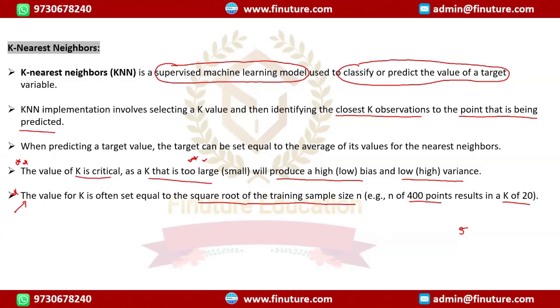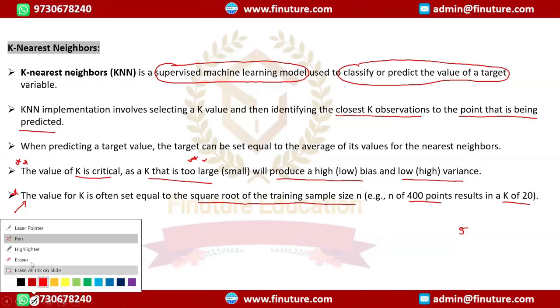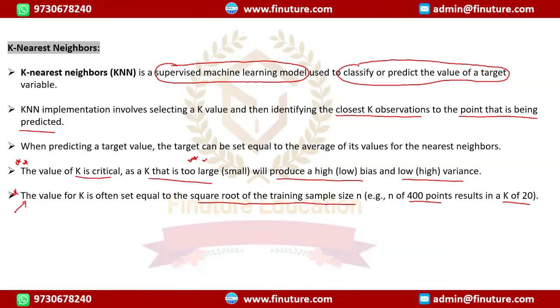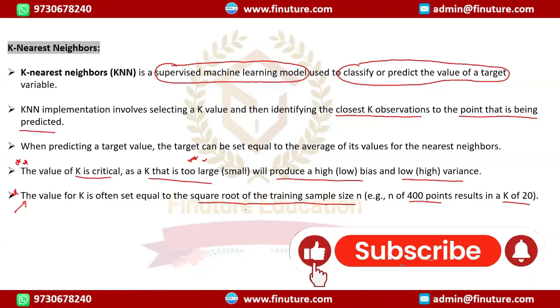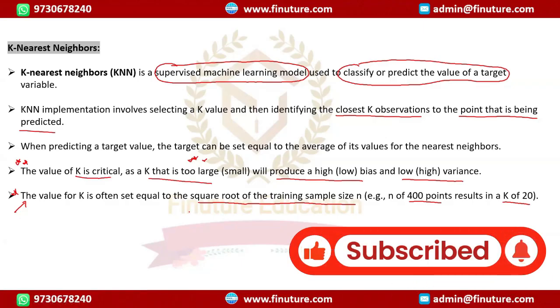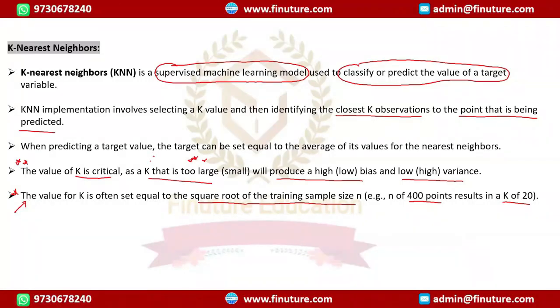High bias, low variance is underfitting. Perfect, that's correct.